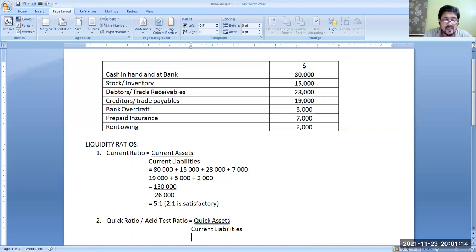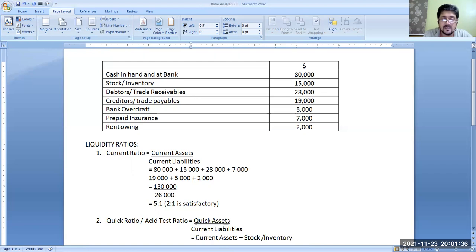Now, quick assets means current assets minus stock or inventory, whatever you call it.